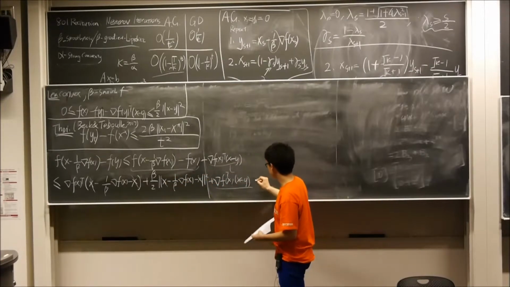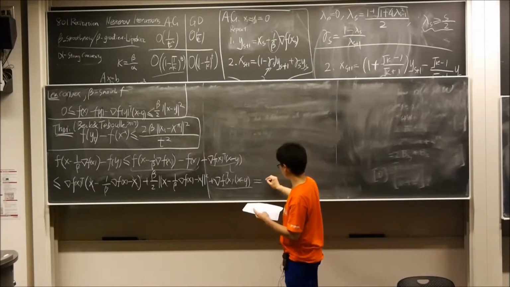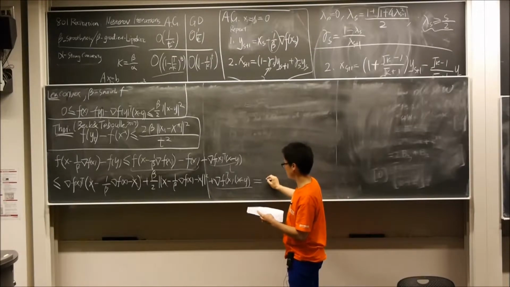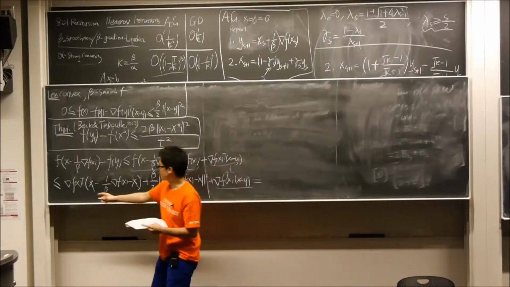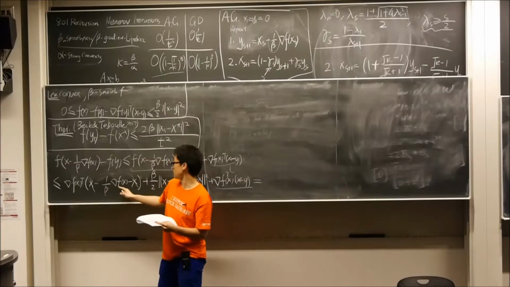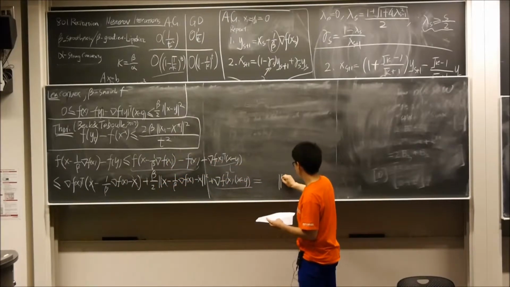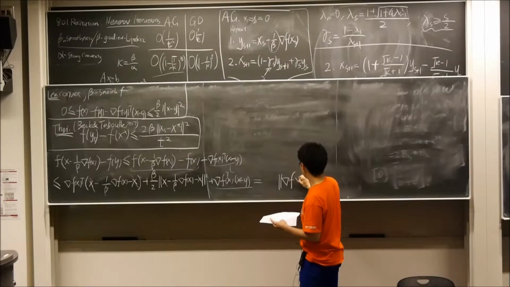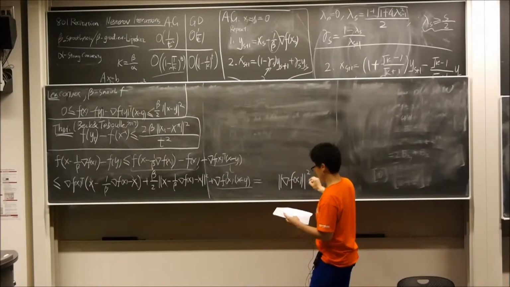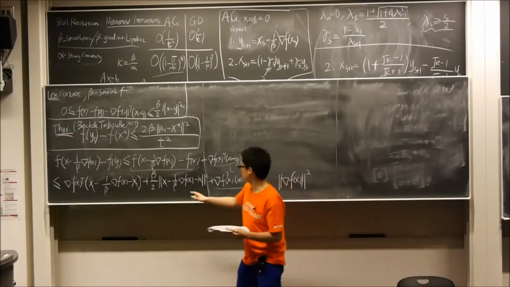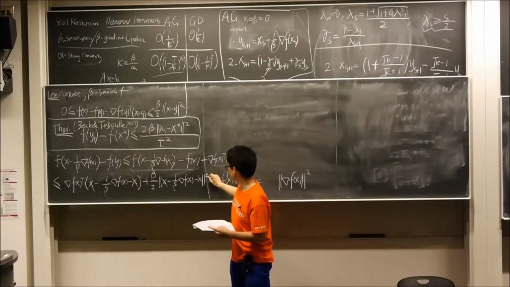And we have the inequality that we're looking for. This is gradient f(x) inner product gradient f(x), so it becomes just this term, right? And there's a square here.